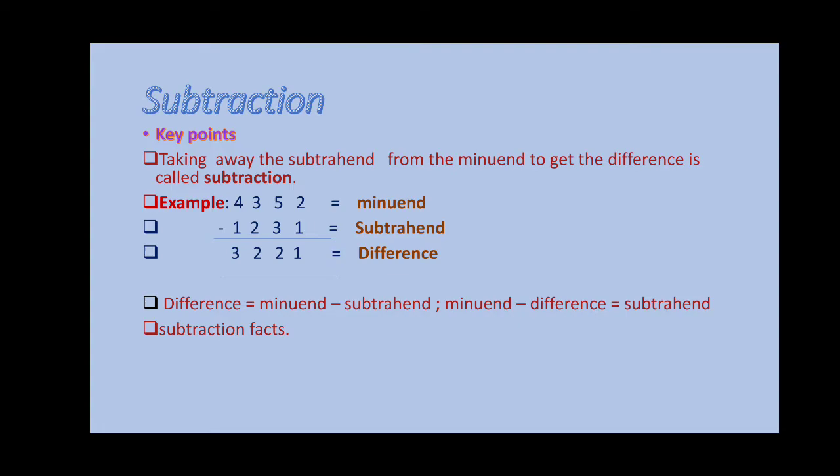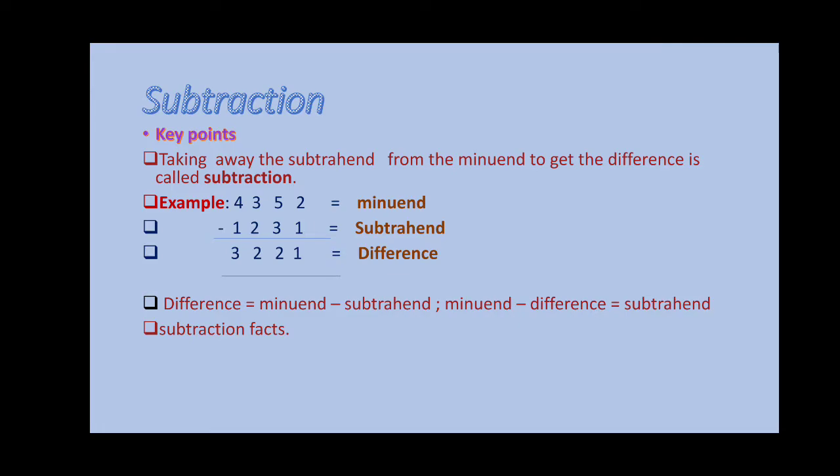And you see the next point: how do you get the difference? Difference is equal to minuend minus subtrahend. If from the minuend you subtract the subtrahend, you will get the difference, the answer of subtraction. Then what is the relation between these three? Minuend minus difference gives you the subtrahend. You see on the screen, children, the minuend is 4352.